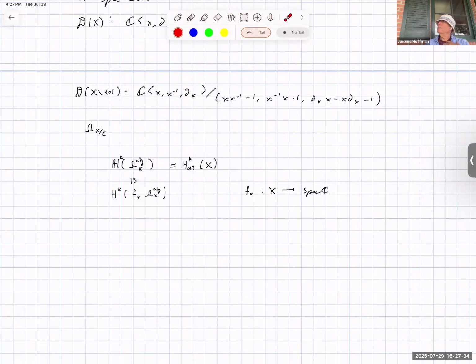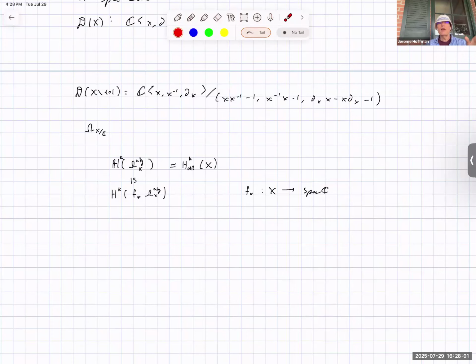Now again, you have to be very careful here with which topology you're in. In the Zariski topology, the thing is that the Zariski topology is really too coarse. De Rham cohomology sees topology, and you can't see topology in the Zariski site.